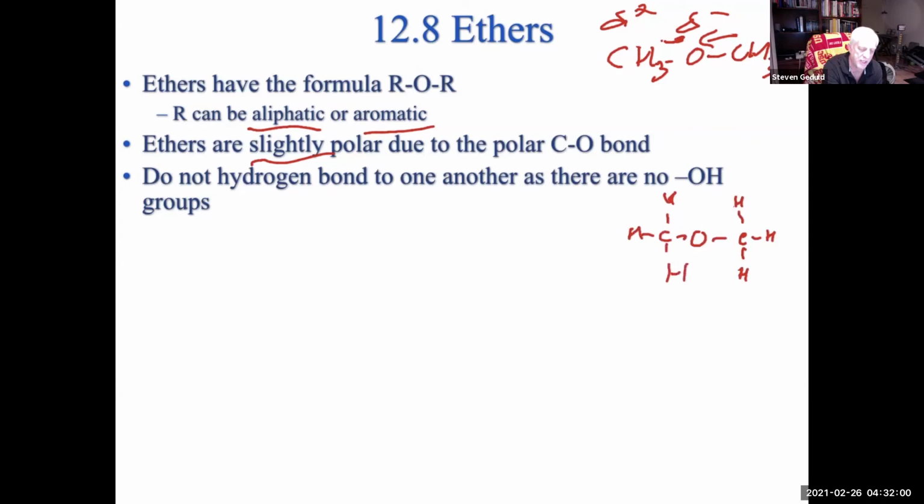Are any of those hydrogens directly connected to the oxygen? No. So you're not going to get hydrogen bonding. For hydrogen bonding to occur, the hydrogen has to be directly connected to the oxygen or nitrogen atom. Because a hydrogen is not connected directly to the oxygen there, there is no way you're going to have hydrogen bonding.